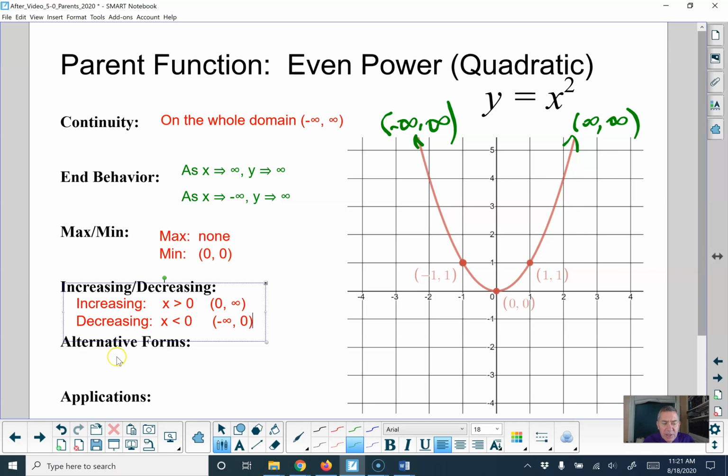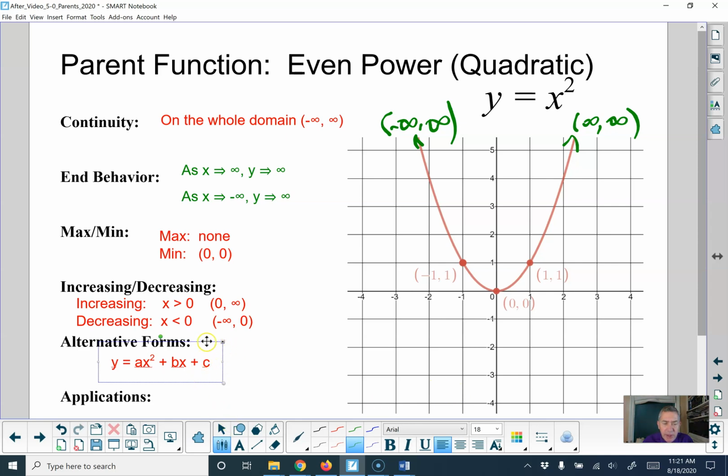You know a couple of alternative forms of this equation. You know y equals ax squared plus bx plus c as the standard form of a quadratic equation.